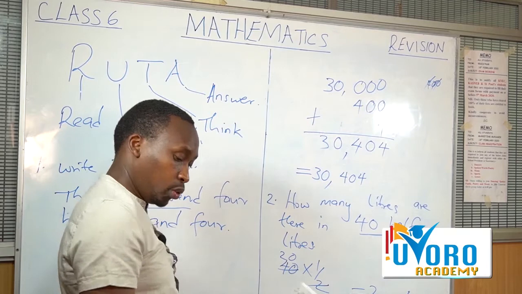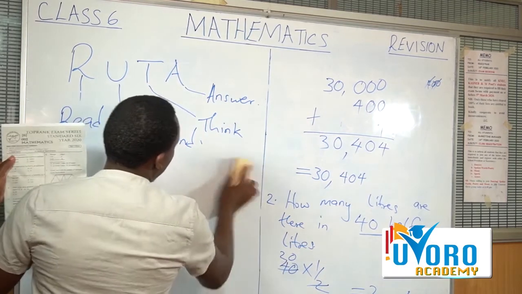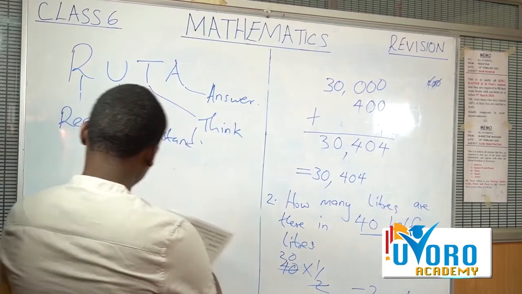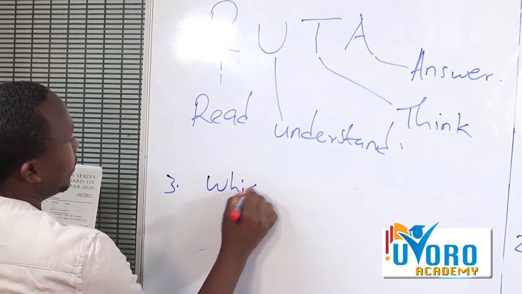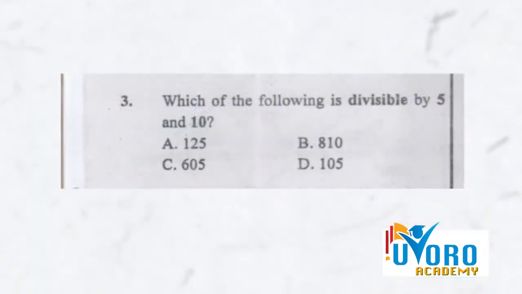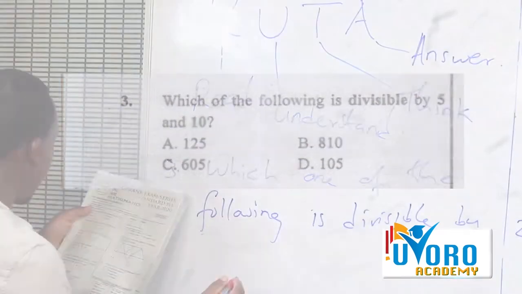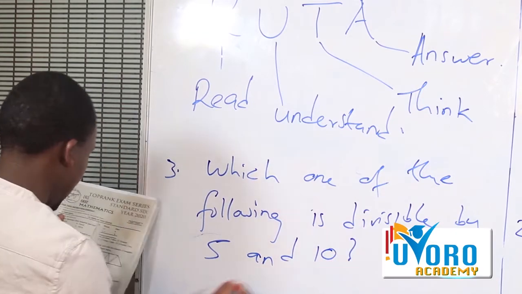Now, we go to number 3. Number 3. You are told which one of the following is divisible by 5 and 10?